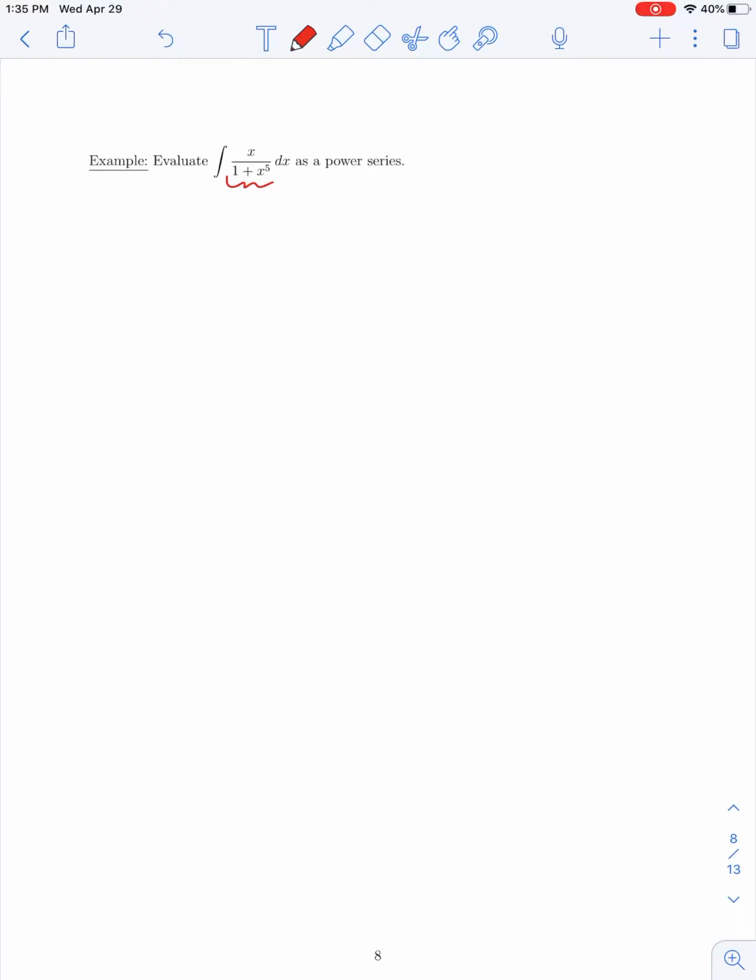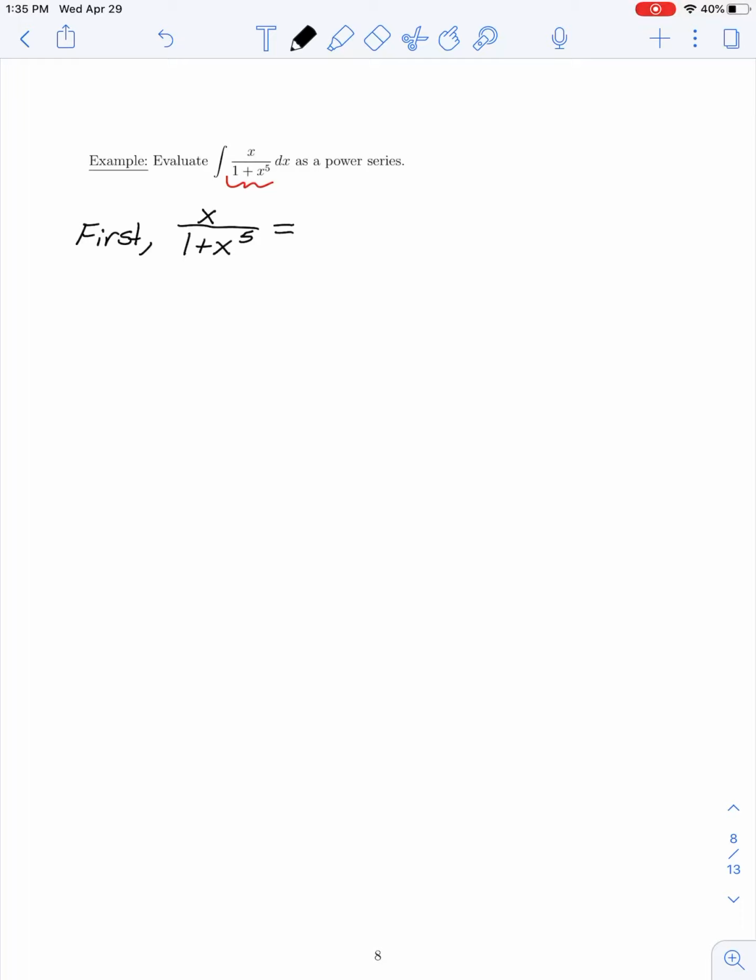Our first step is to find a power series representation of this integrand. So let's start by taking a look at it. We have the function x over 1 plus x to the fifth. And if I want to rewrite this in terms of a power series, I could make use of the formula for the sum of a geometric series, the same sort of concept that we were using in the first part of this section.